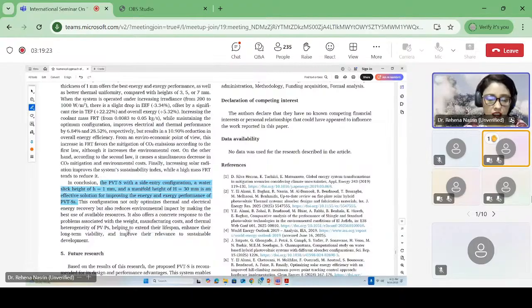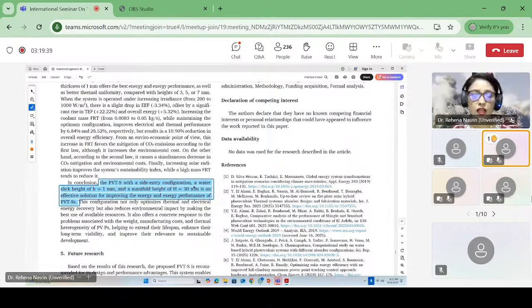We conducted two types of variation here: one is manifold height and another is slit height. So we conclude the slit height is 1 millimeter and the manifold height is 30 millimeter.